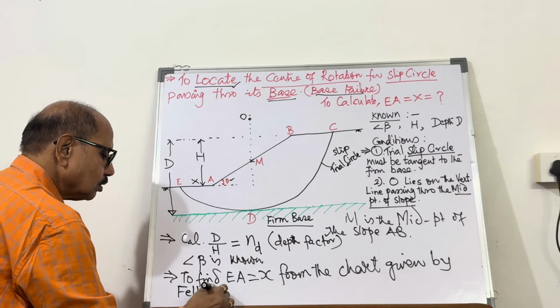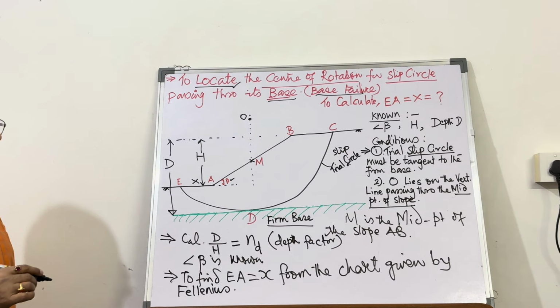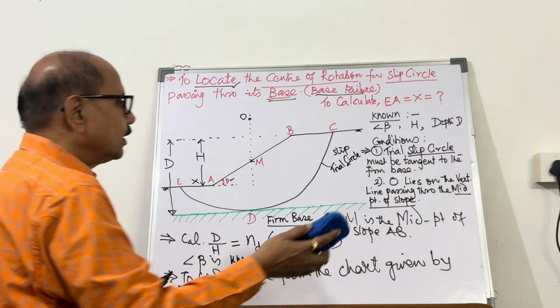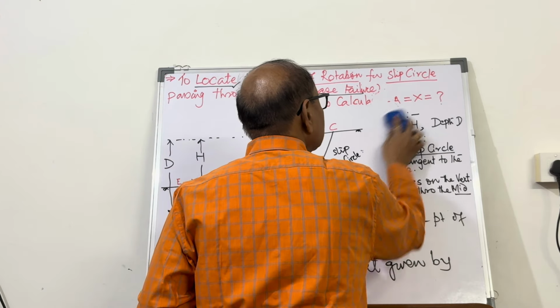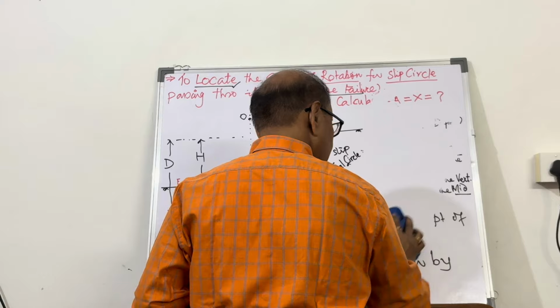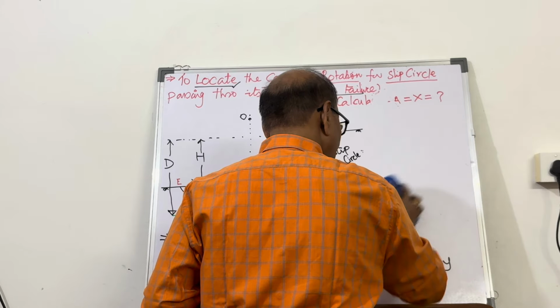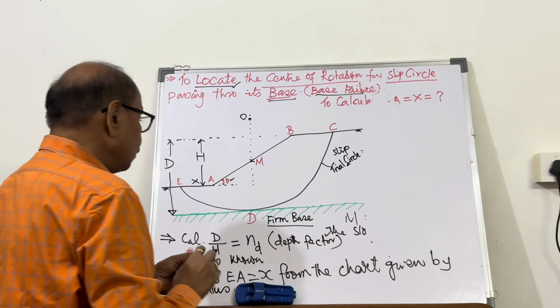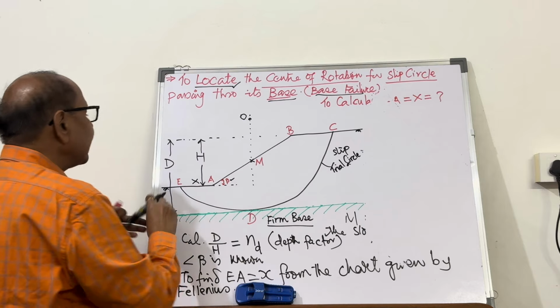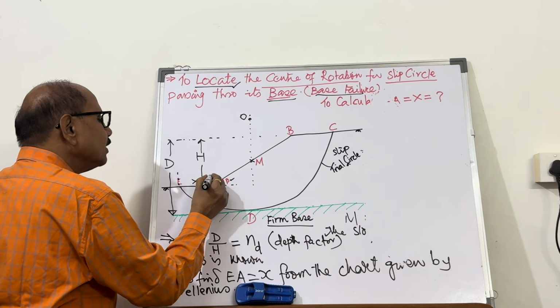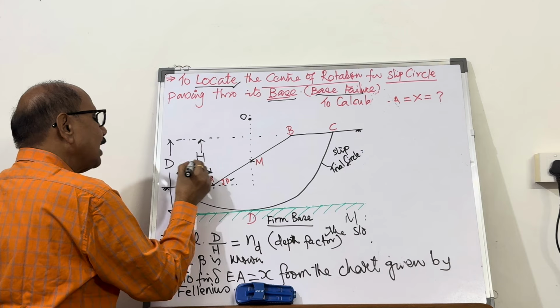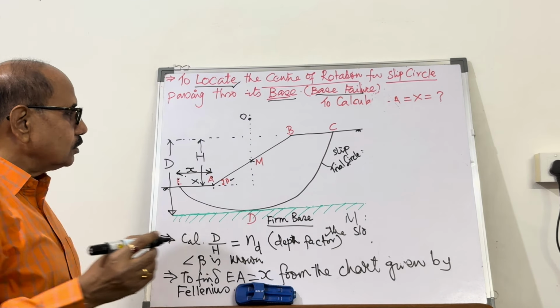So how will you do that? Let's see how to do that. It is very simple to find out this value of x. X is from here to here is the value. EA equal to x. So you can find it out.